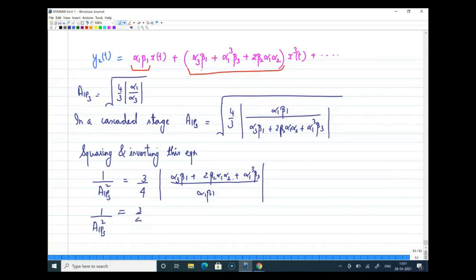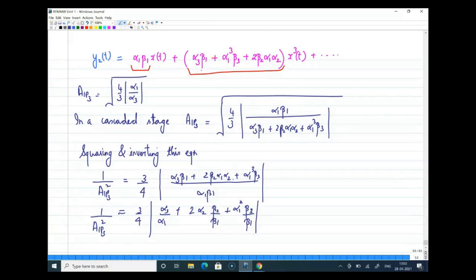Right. Now I'm further approximating AIP3 square. Why I'm approximating is I'm just separating the terms in the numerator, since it is inside a mod. It is not exactly equal to that, but still I'm using an approximation here, which is equal to, beta 1 will get cancelled, so it is alpha 3 by alpha 1 plus, you will lose this term, 2 alpha 2 into alpha 1 will get cancelled, beta 2 by beta 1, and plus the third term is alpha 1 square into beta 3 by beta 1.